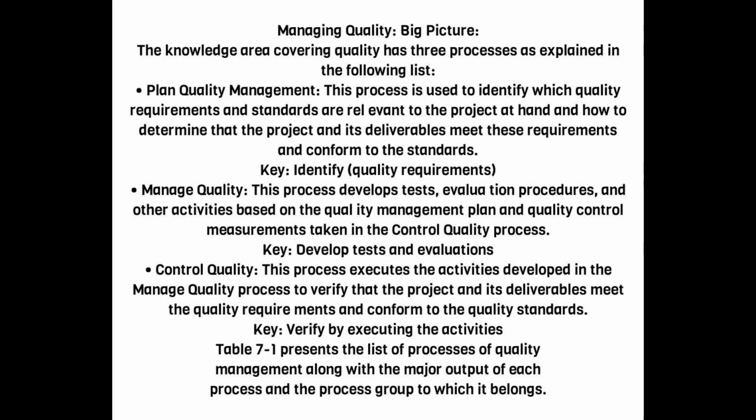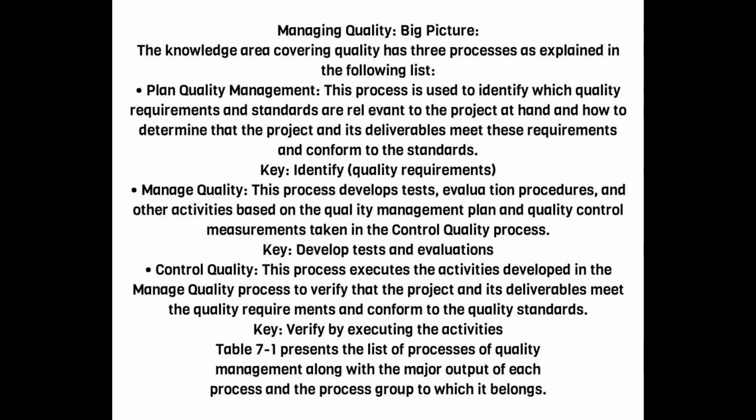Key: identify quality requirements. Manage quality. This process develops tests, evaluation procedures, and other activities based on the quality management plan and quality control measurements taken in the control quality process. Key: develop tests and evaluations. Control quality.